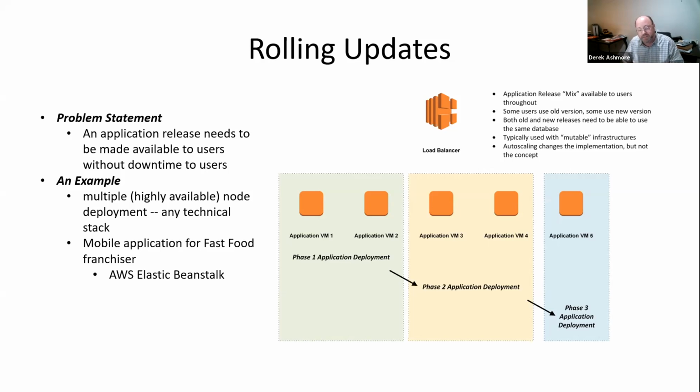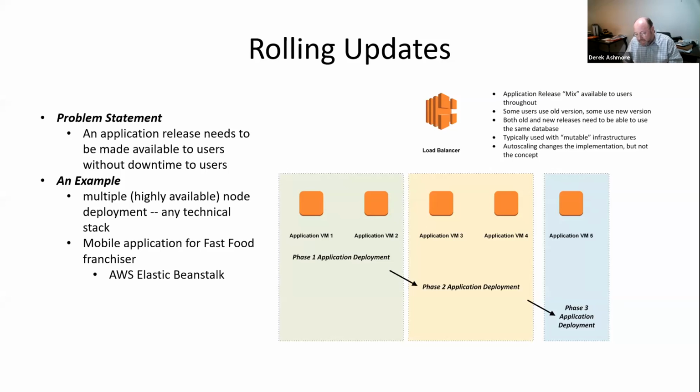In a rolling update scenario, I might update the first 2, the 2 in green first, and that would mean that end users are potentially hitting a mixture of 2 releases for a while, but essentially end users are still up, then I would phase in the next phase, and finally I'd phase in the last one.